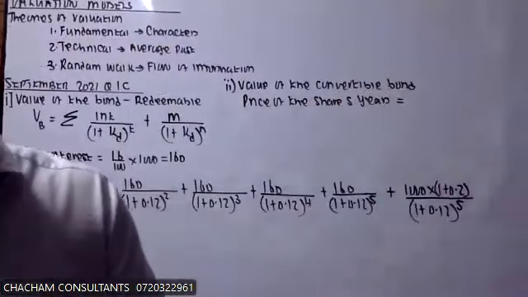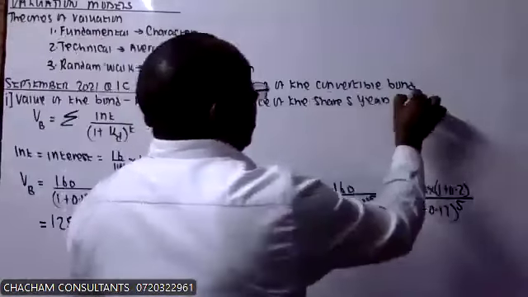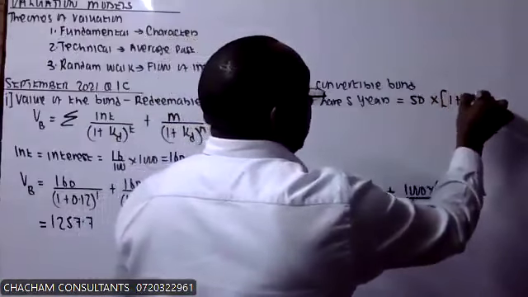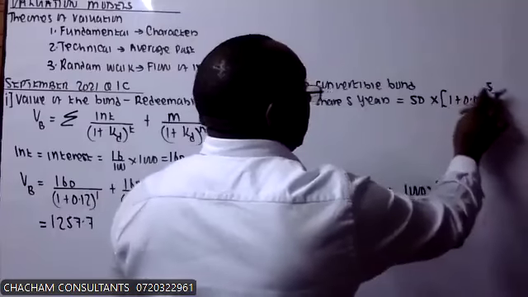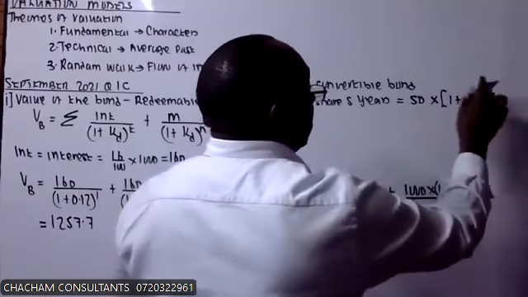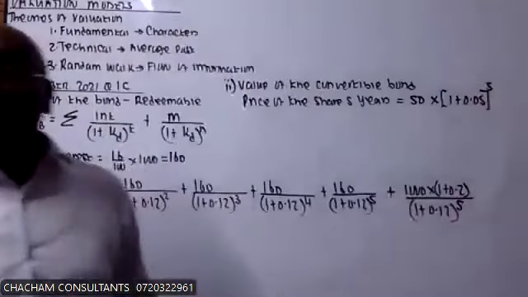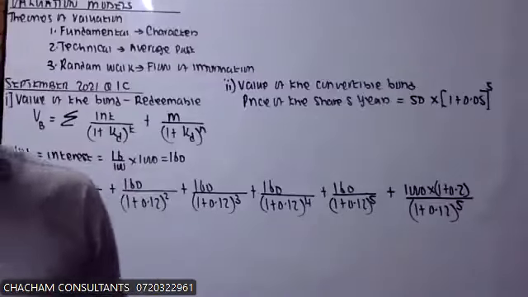We are told that the share is currently selling at 50. So 1 plus 0.05, you raise power 5. So that is a form of compounding.